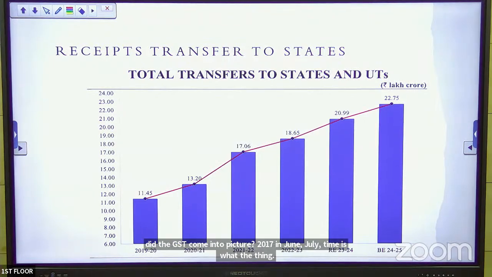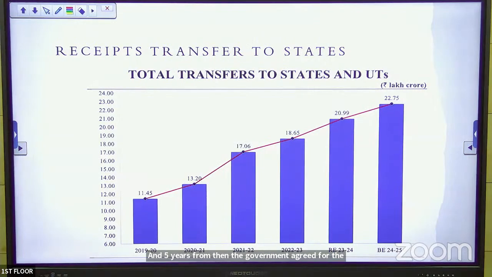And 5 years from then, the government agreed for the compensation, right? Cess, using the cess. So 5 years from then means by 2023, mostly the things should have been compensated, after which if there is any shortfall with the GST, the states should be managing on their own, right?